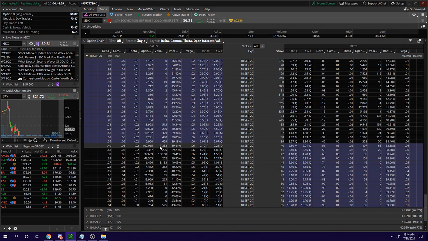They're paying $220 for one of these contracts, and if GDX goes from 39.31 to 42 or 43, they're going to make 200 to 300% on their position, probably closer to 150 to 200%. If you've got 20,000 contracts at 100 to 200%, you do the math on that.